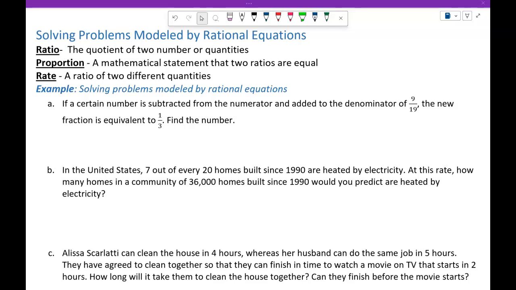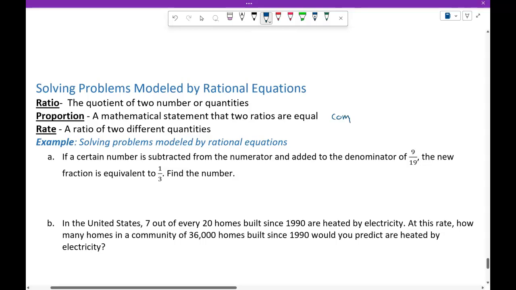So we're going to have a lot of proportions when we are dealing with these real-world scenarios, because we're often comparing two quantities. When we're comparing two quantities, we're going to have a proportion.